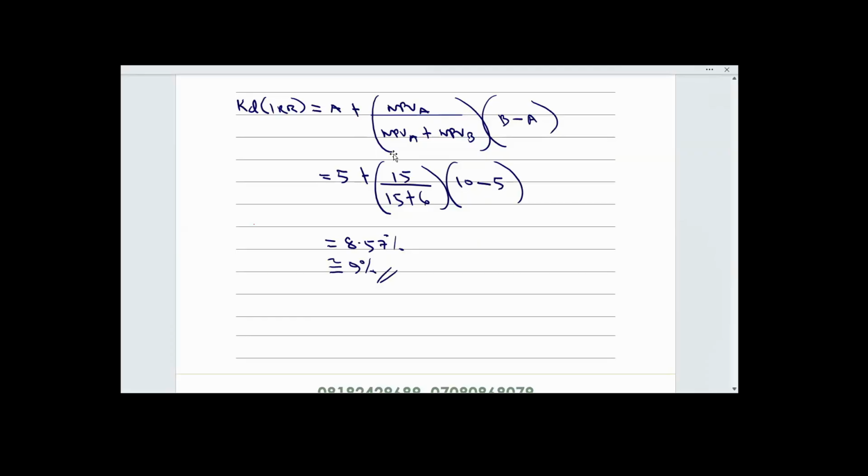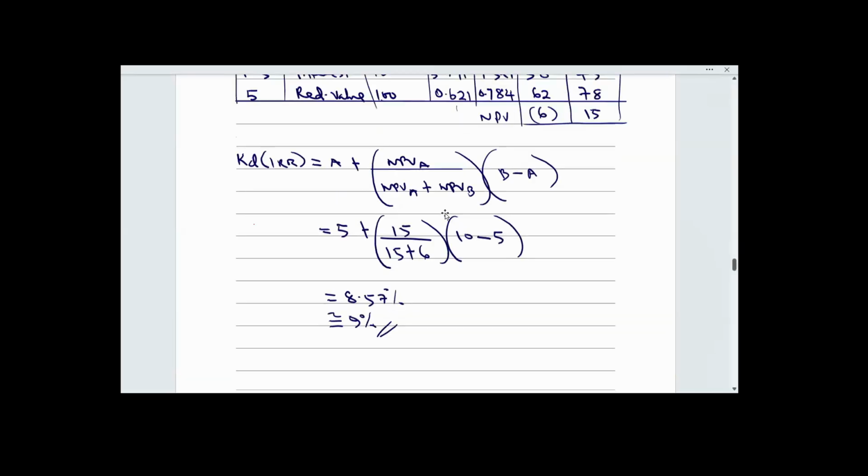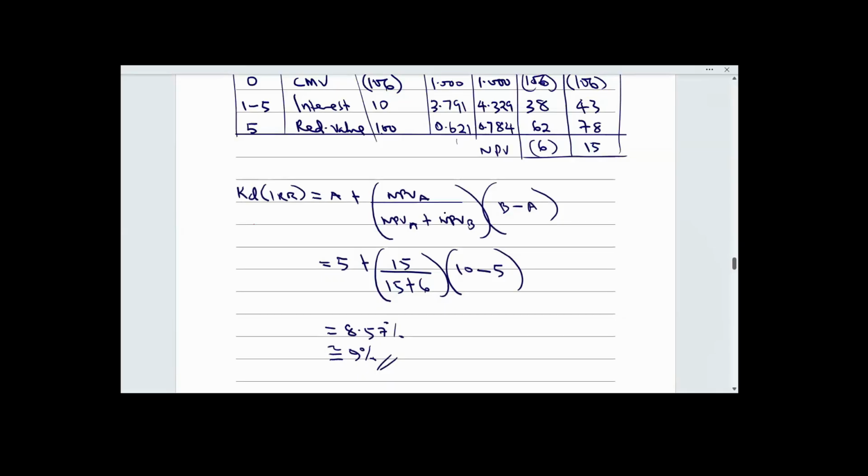Yes, Ayodeji, talk to me. I don't understand how you get 10 minus 5, sir. Look at the formula. A represents lower discount rates. B represents higher discount rates. So higher discount rate minus lower discount rate.